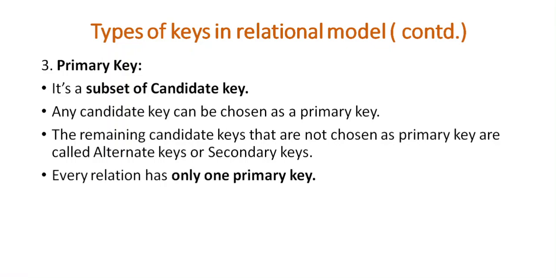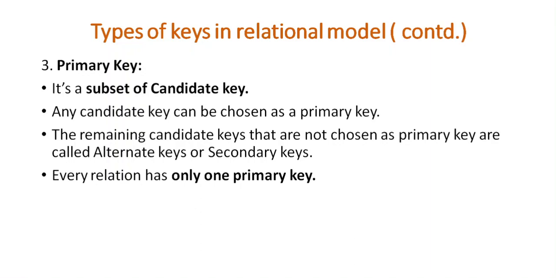The condition for a primary key is that every relation has only one primary key. In our relation we can have a number of super keys and a number of candidate keys, but we can have only one primary key.